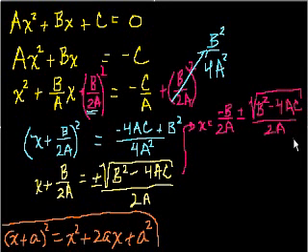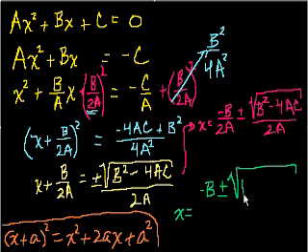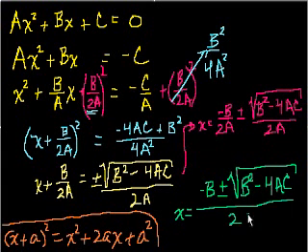And we already have a common denominator, so we can just add the fractions. So we get, I'm going to do this in a vibrant, green color, x is equal to, the numerator, negative b plus or minus the square root of b squared minus 4ac, all of that over 2a.